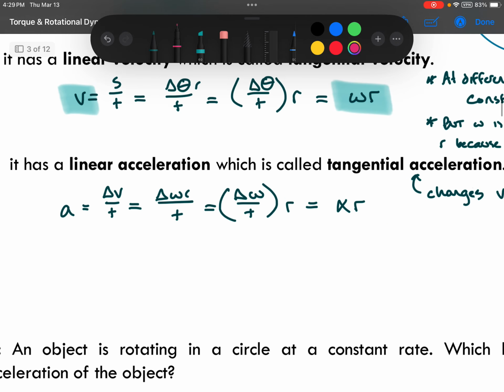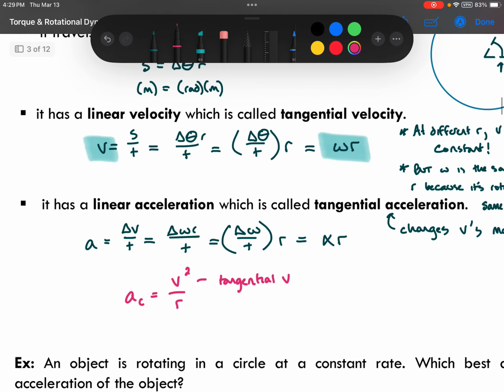If y'all remember, centripetal acceleration was v squared over r. This v is our tangential velocity. And of course, r was our radius. And you can think of what this did: this kept the object on the circle. So we can think of this as changing the velocity's direction.